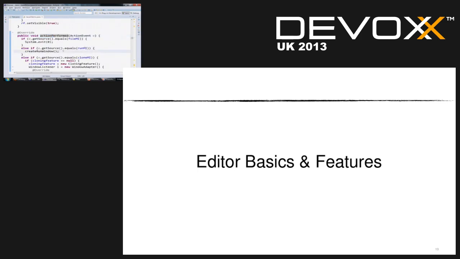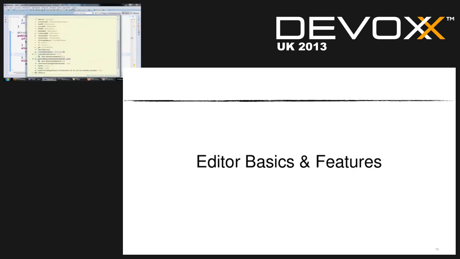In this action performed method, I'd like to call a method which has something like a menu in it. I don't really remember what the method is called, so I can trigger with Control O a quick type assist, which will show me all the methods which are available. And I can type star menu to see, yeah, the method was called create menu bar actually.